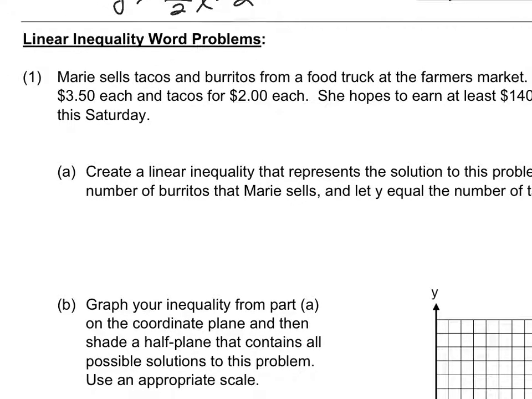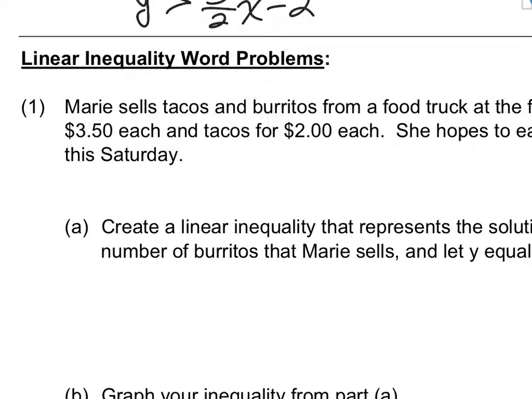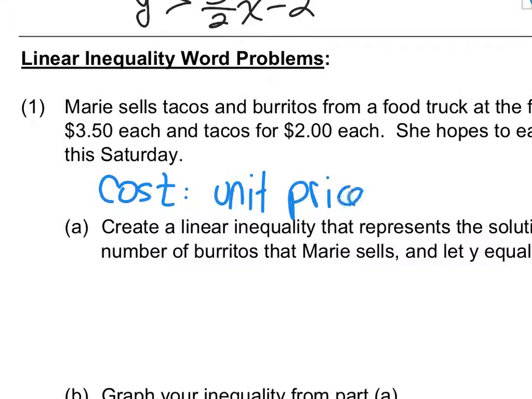Now, something that has come up a few times, there's not too many people having issues with this, but enough that it's worth going over. When you're talking about cost, what you're talking about is unit price times the number of units.